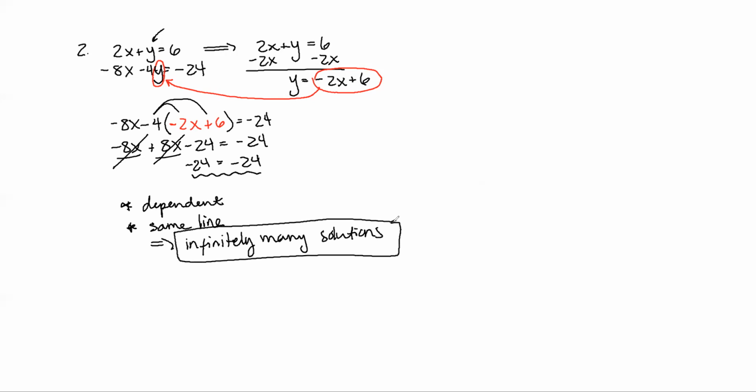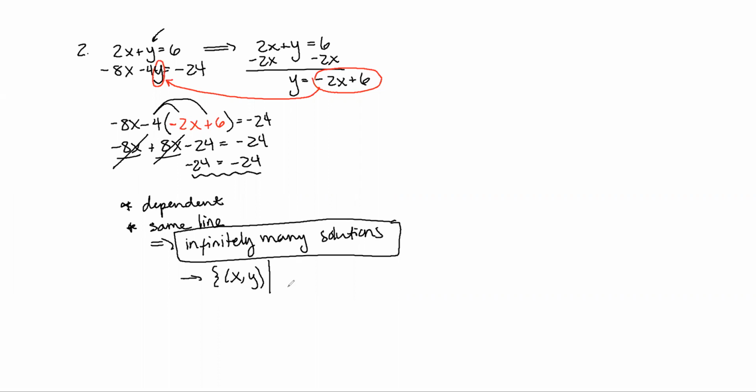And so normally you would write this as your solution. On MyMathLab, they're going to write the solution like this. They'll still have infinitely many solutions written there. And they'll also have this kind of weird looking solution set of points. So it's going to have the set, so that's the curly brackets, of x,y points, such that, so a vertical bar, then you're going to put one of the equations that you started with.